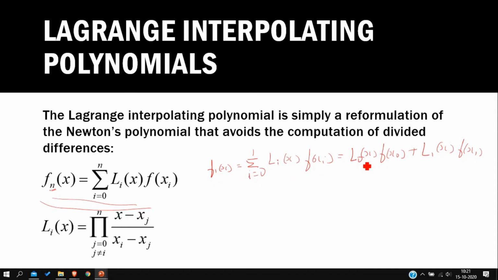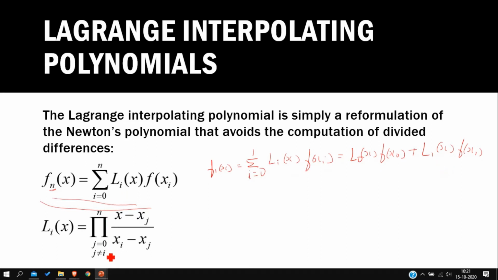In this case, f of x0 and f of x1 we know: they are the y values corresponding to the x values. f of x0 is the y0 value, and f of x1 is the y1 value. Now we have to find L0 of x and L1 of x.